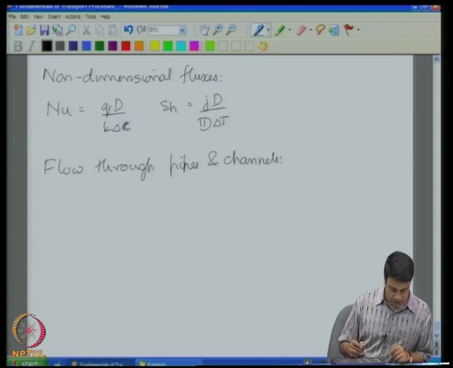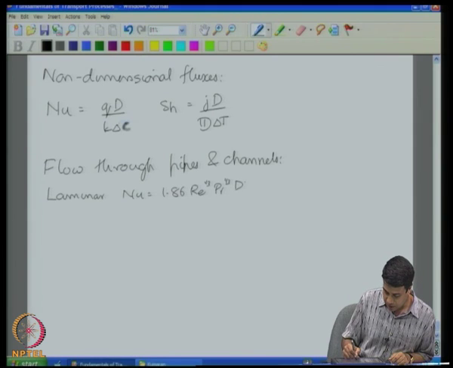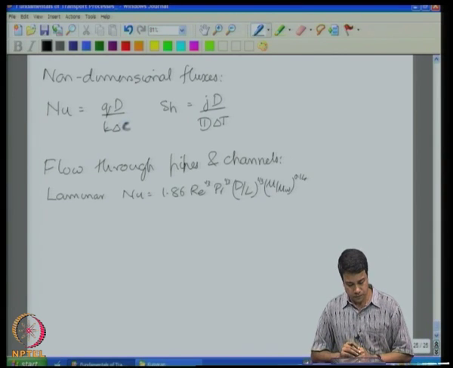The Nusselt number for laminar flow is equal to 1.86 Re power 1/3 Pr power 1/3 d by L power 1/3 mu by mu W power 0.14. Two things here.